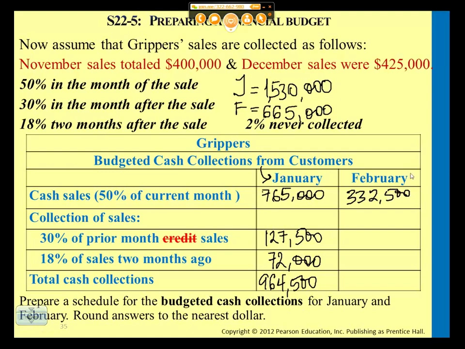Okay, anyone else? 30%? Guys, you all have your computers up and somehow you can't calculate something divided by 2? Come on. Okay, 459. Thank you. And then 18%? 76,500.